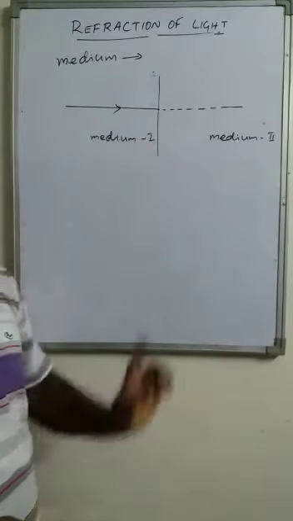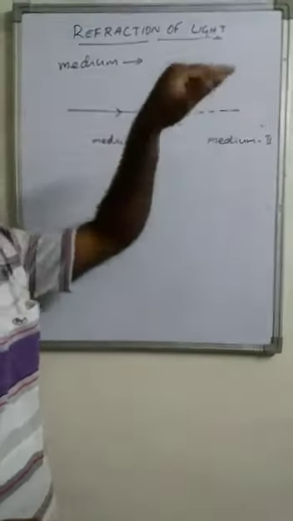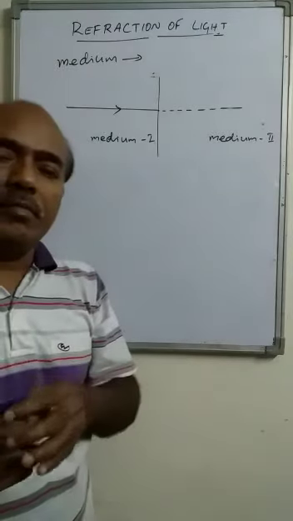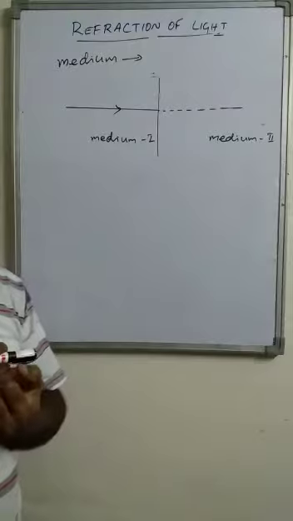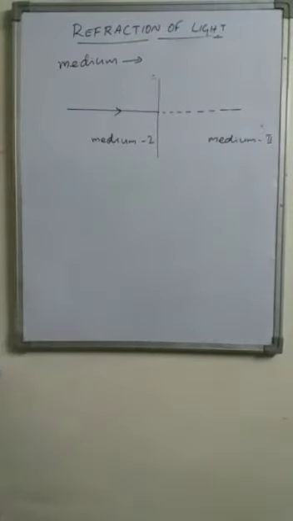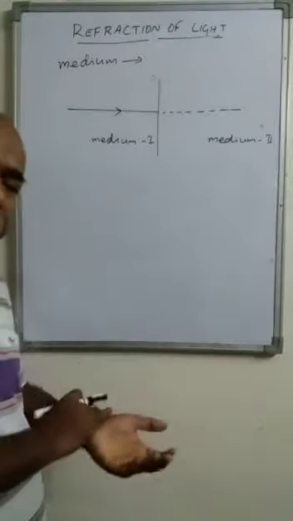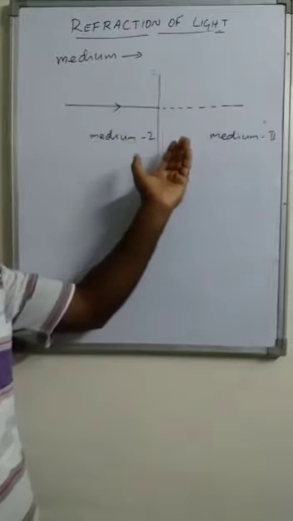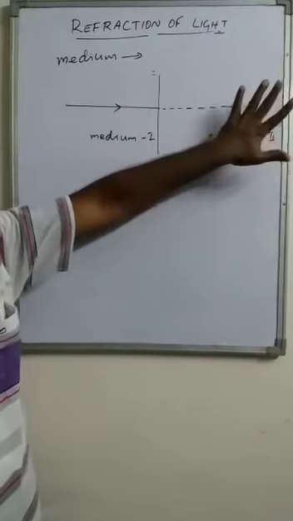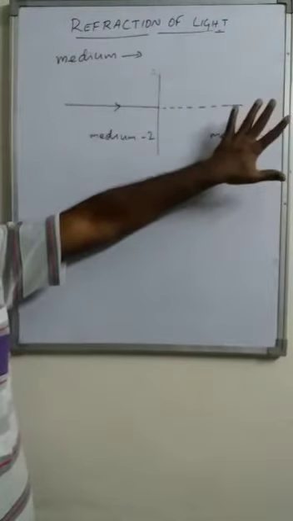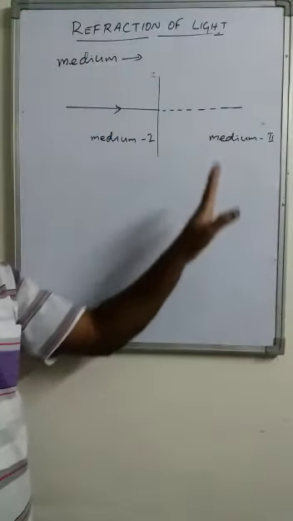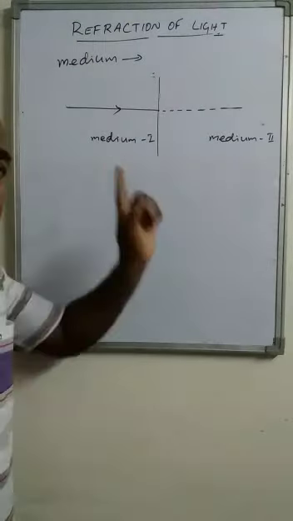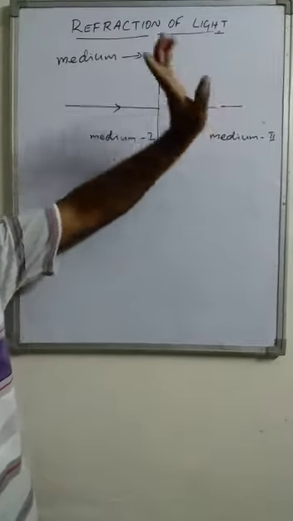As the medium changes, on entering into another medium, definitely the path of light changes in some condition. What is that condition? That we will discuss later on. Here we are discussing that whenever light enters from one medium into another medium, the path of light changes or the light deviates from its path, then we say that refraction has taken place.